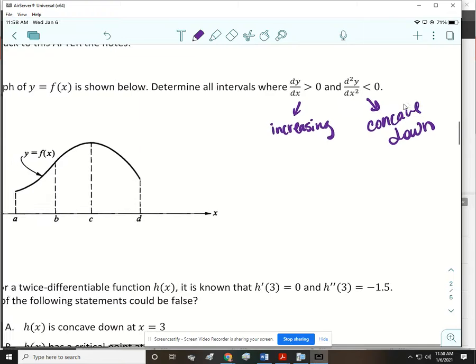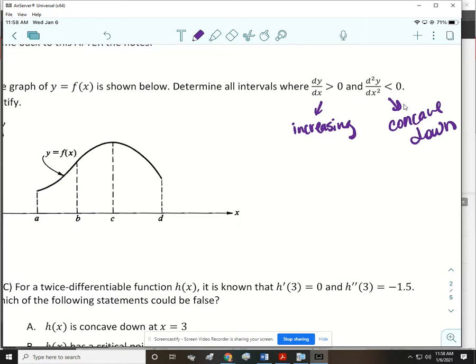So what we're looking for on the graph is increasing, but concave down. And the only section here is from B to C, because f of x is increasing and concave down.